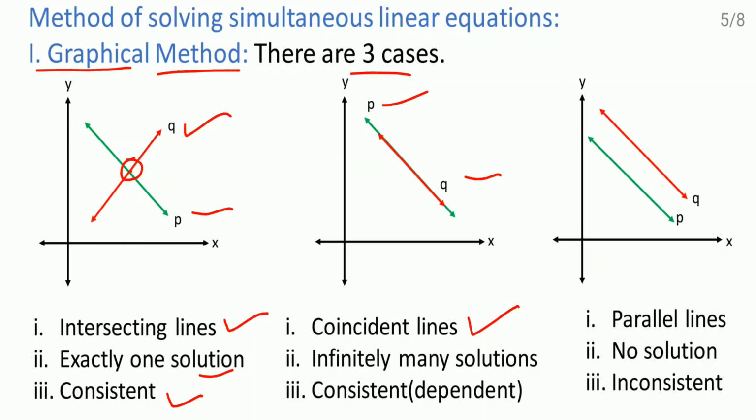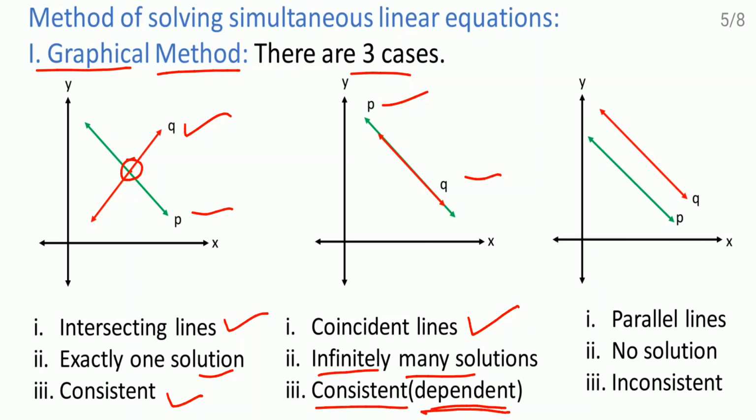Here each and every point is common for both the lines. It means that these two lines have infinitely many solutions. Okay, as infinitely many solutions means what? Lines are consistent. Now whenever each and every solution is common for both the lines, so lines are called as the dependent lines. Okay, now remember, whenever the coincident lines are there, those lines are dependent lines.